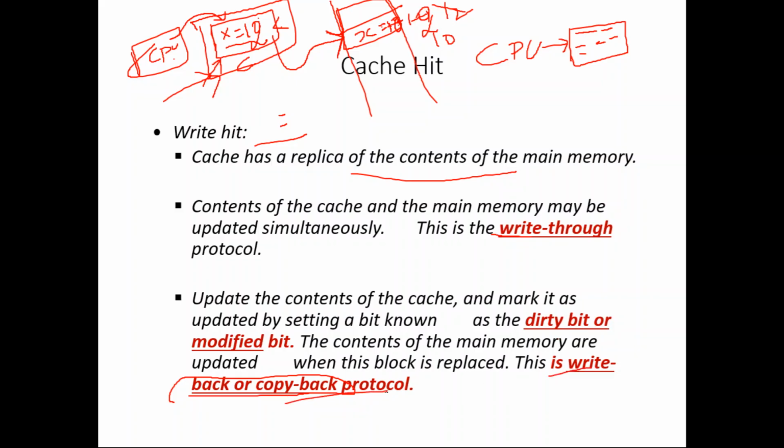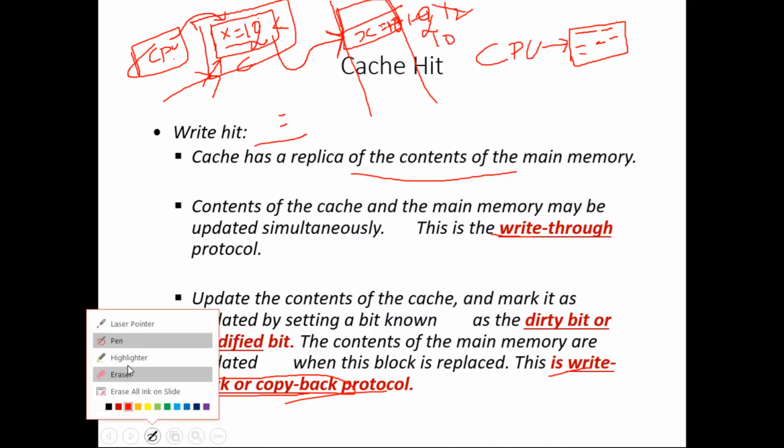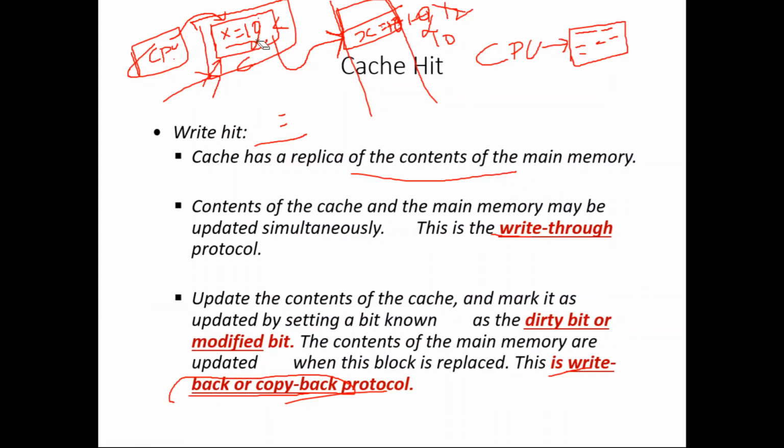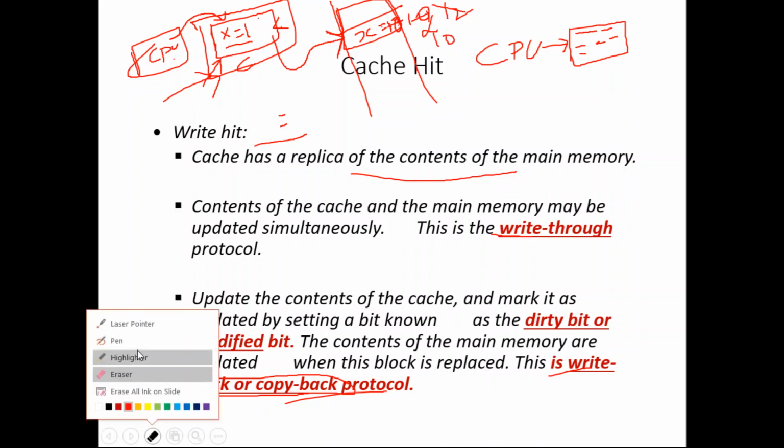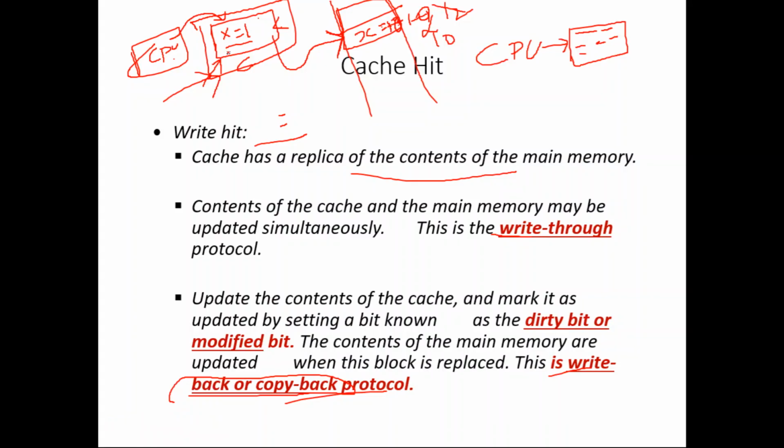And whenever we use write back protocol, we use one particular bit. This bit is called the dirty bit, and this bit will be set whenever some change happens in the cache memory. So here if you see, previously x is 10, now we are making it 12. So 12 is nothing but you are making a change.